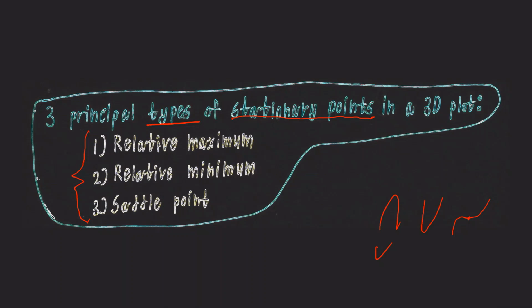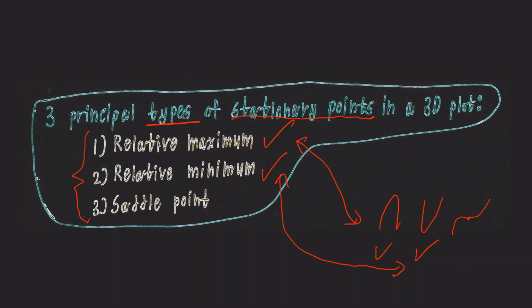The maximum and the minimum are exactly the same thing, but in 3 dimensions, so it's a surface plot. The surface looks like a maximum in all directions, so however you look at it, it's a maximum. This is analogous to the 2D case. The relative minimum is also the same, but with respect to both variables, it's a minimum. It quite literally looks like a bowl or something like that.